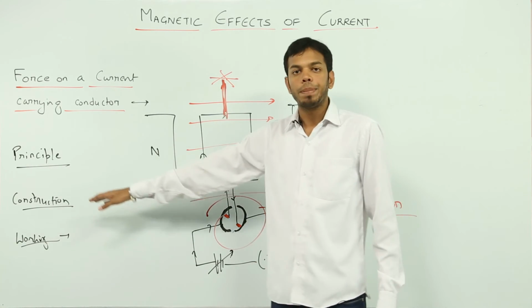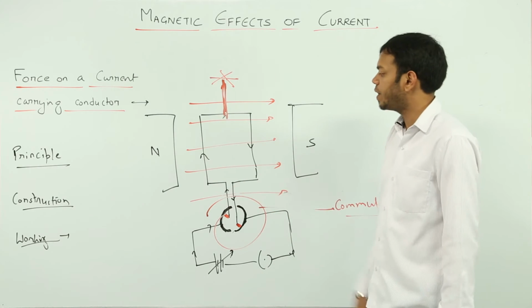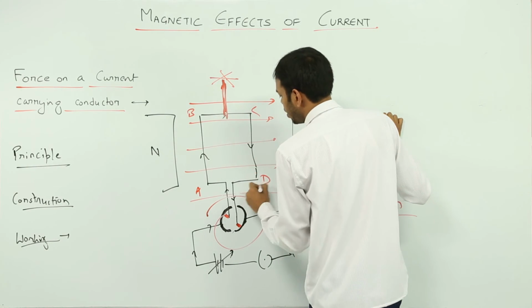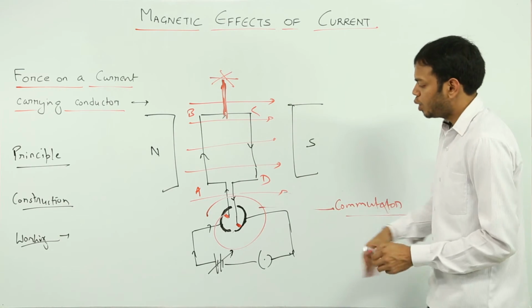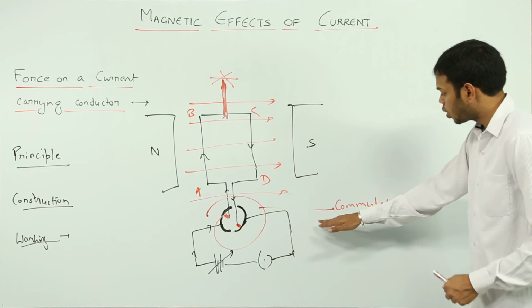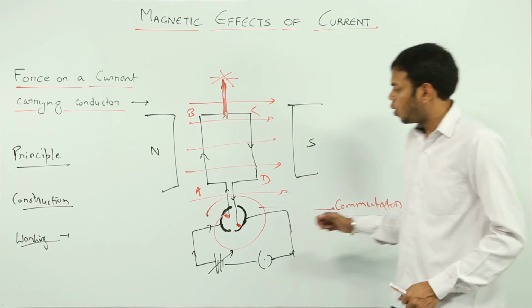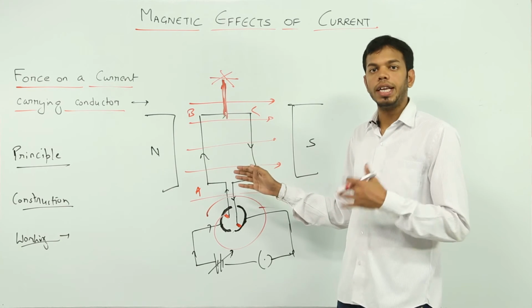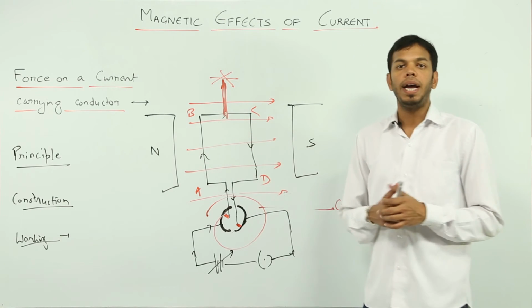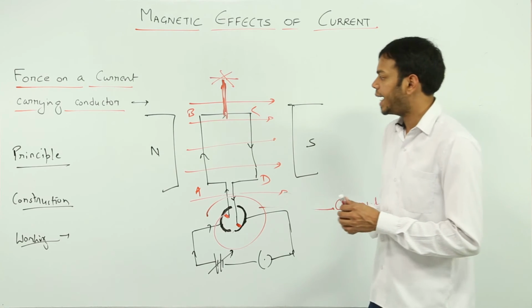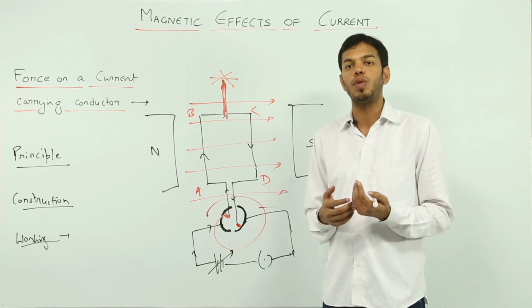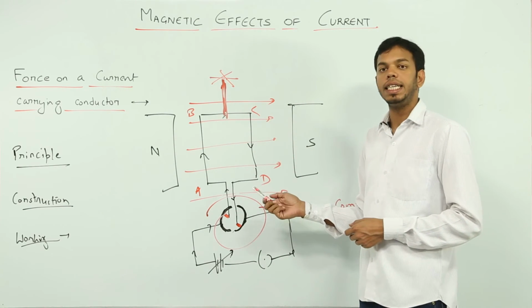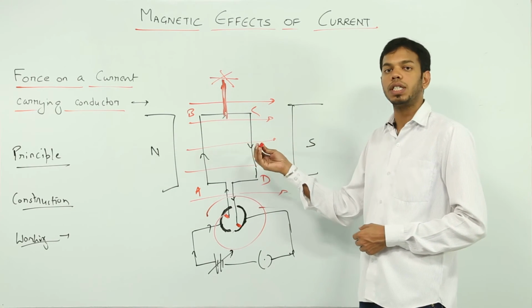And then working. You have to explain working by starting with the point that consider this loop is ABCD, which is connected to the source through the commutator arrangement. Now, according to the direction of flow of current in AB, which is from A to B, by applying Fleming's left hand rule, we see that the force experienced by this wire is in vertically outward direction, whereas the force experienced by the wire CD is in vertically downward direction, or inverse direction.